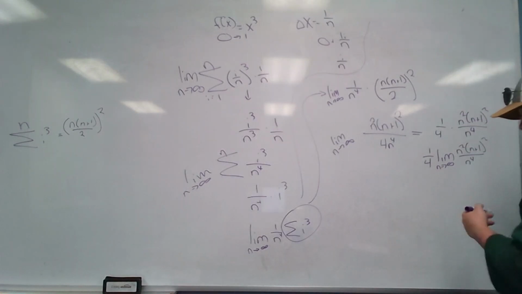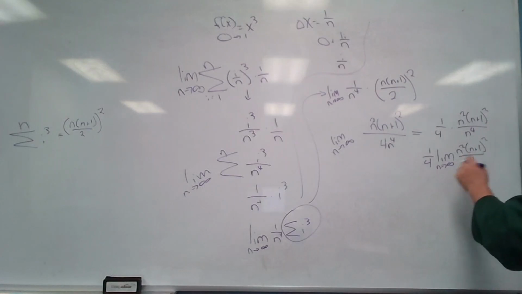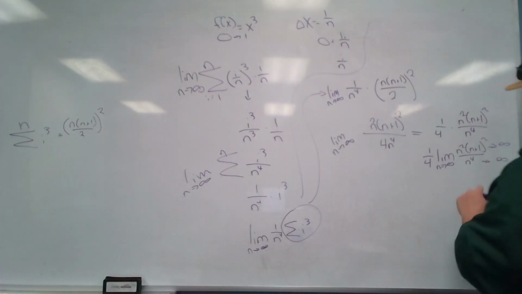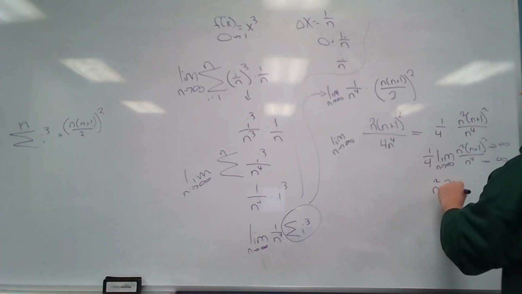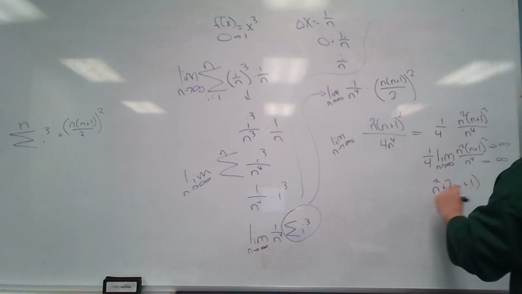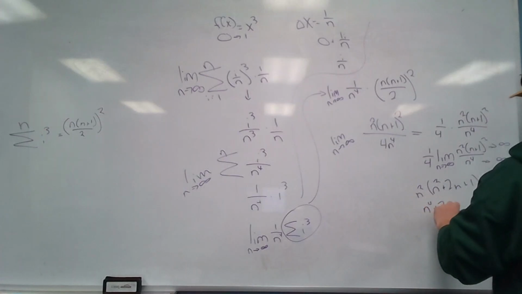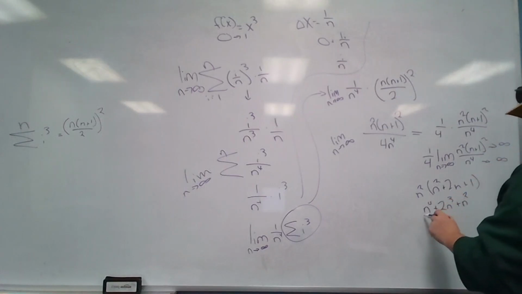Remember, L'Hopital's rule is just taking the derivative when the limits are infinite. So this approaches infinity, and this approaches infinity. Therefore, first let's simplify this. n squared plus 2n plus 1 times n squared is going to be n to the fourth plus 2n cubed plus n squared, over n to the fourth.